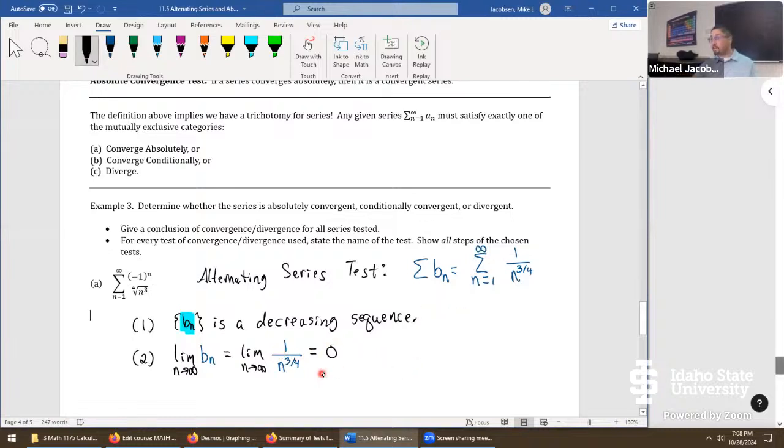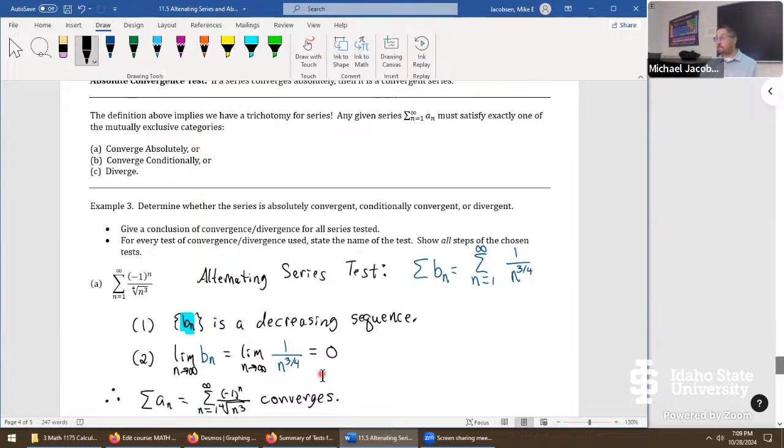So because of conditions 1 and 2, we can say here's our big conclusion: the summation of an, as we go from 1 to infinity, of -1 to the power n over the fourth root of n cubed, converges.